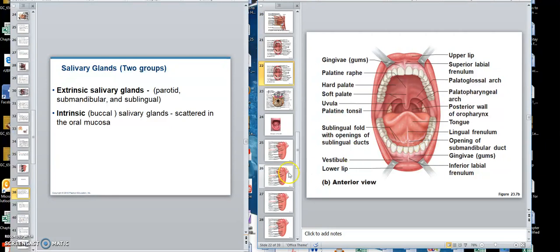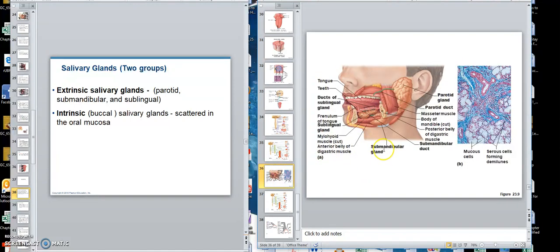Let's go back here. So right here, submandibular gland under the mandible, and its duct, which is hard to see. That's the submandibular, and here's its duct right there. See the sublingual right there.